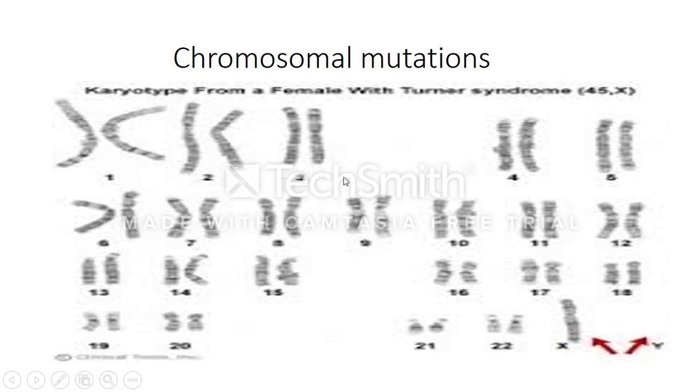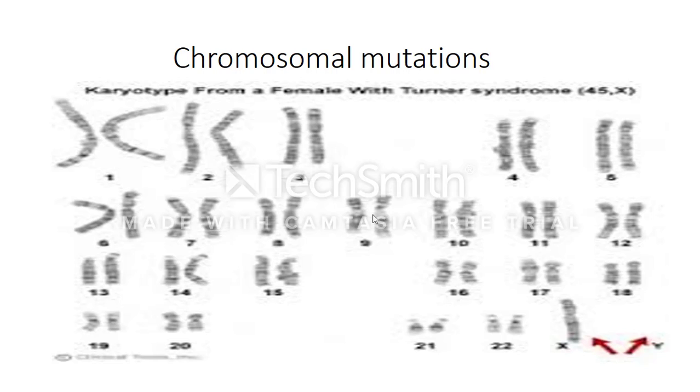We then use a microscope, and we are able to stain these cells, and we use the microscope to determine mutations. From looking at this karyotype here, we notice that they're missing something down here. In this case, they only have one X chromosome, so they're female and they're missing another X chromosome. So as you can see, this is a mutation.